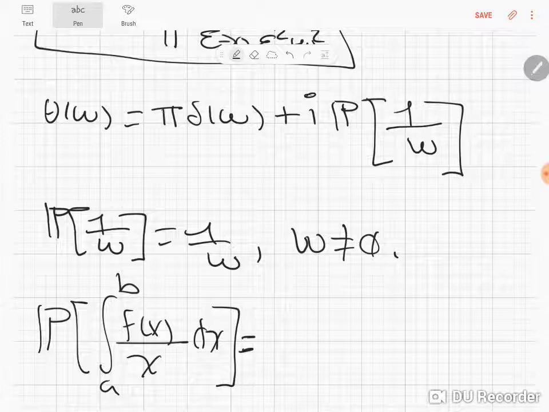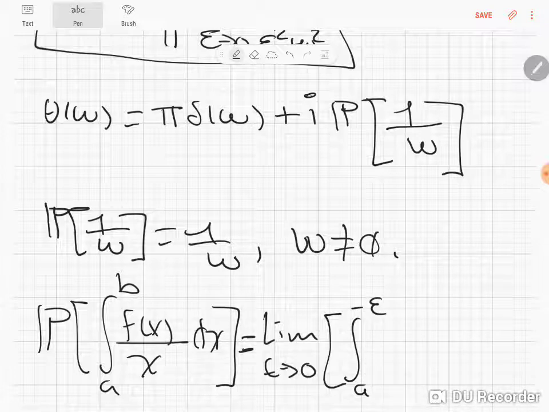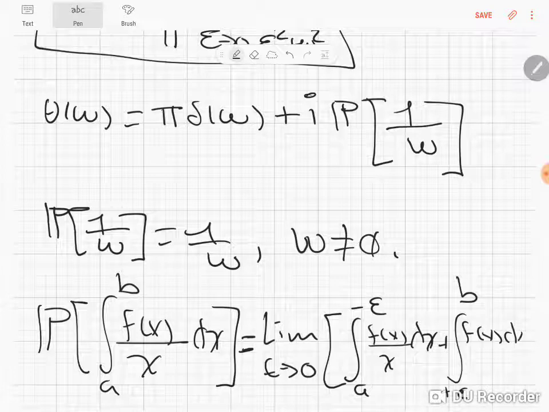So this is the limit of epsilon that tends to 0 of the integral from a to minus epsilon of f(x) divided by x dx, plus the integral from plus epsilon to b of f(x) dx divided by x.